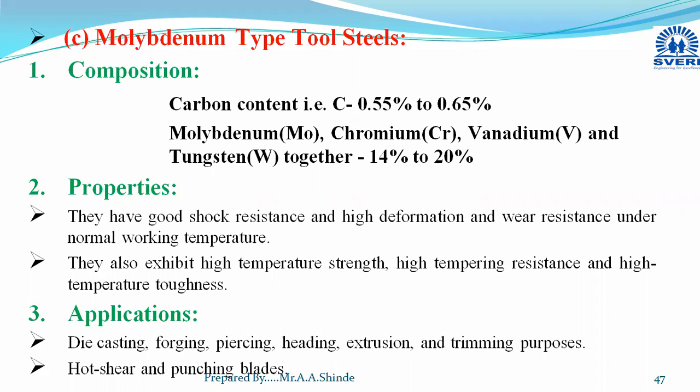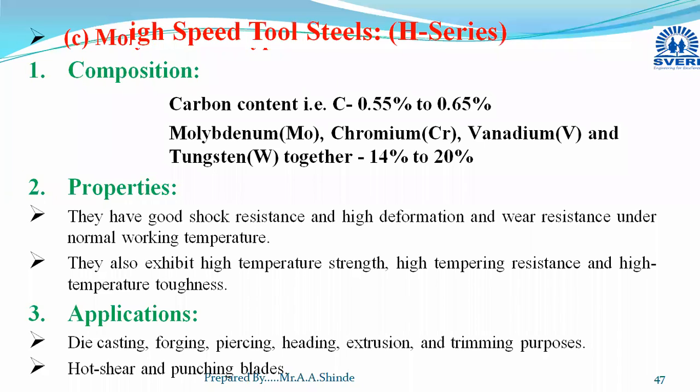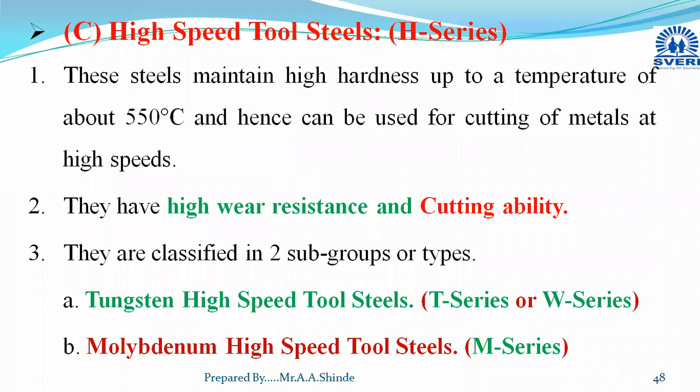All these can be manufactured with the help of molybdenum type tool steels. After discussing these three types of hot work tool steels, we will move towards the third type of tool steel, that is high speed tool steels.